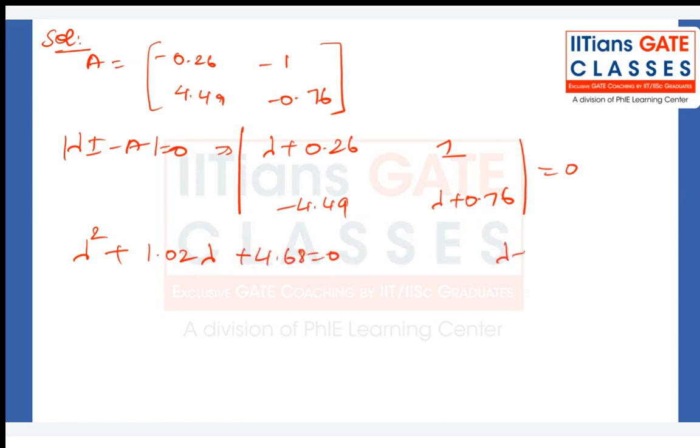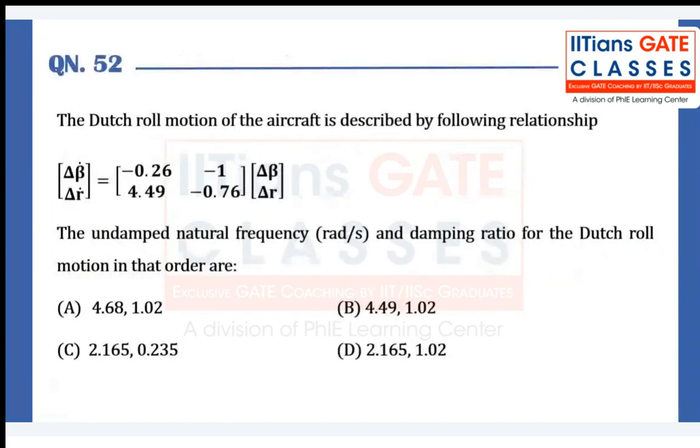Let me just do this again. Lambda plus 0.26 times lambda plus 0.76 plus 4.49. Yeah, so this is the case that you will get. Let me just check the signs. Yeah, okay.